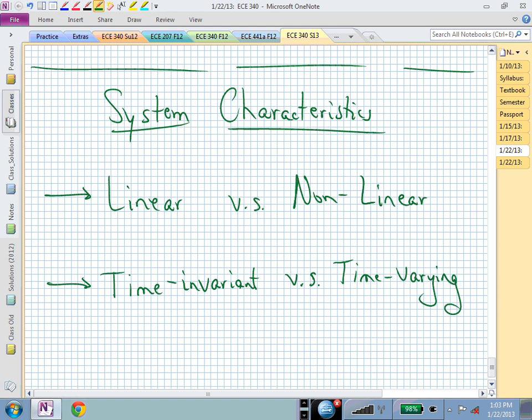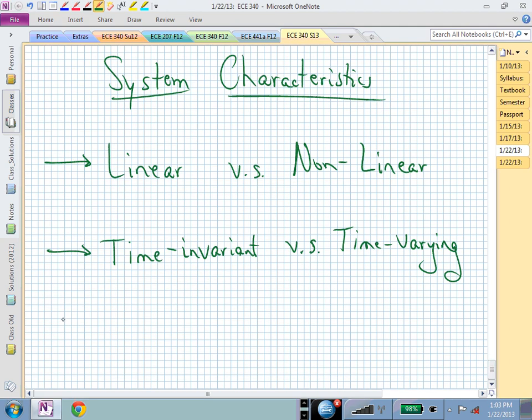Maybe it's time varying. Maybe it's a capacitive microphone and your capacitance is actually varying with time. Is it time invariant or time varying? Is our system causal or not, or non-causal?